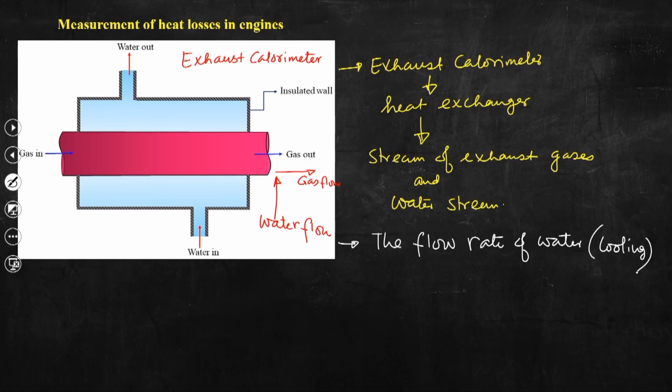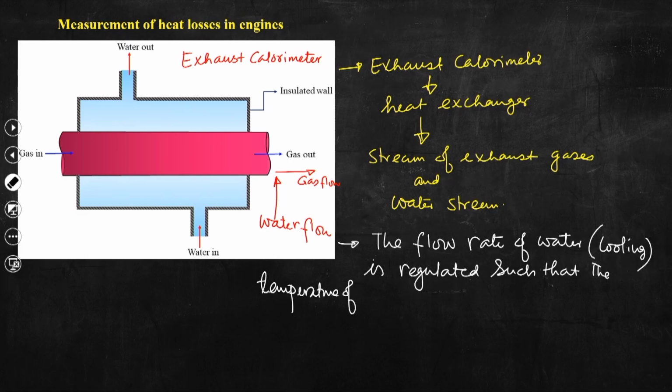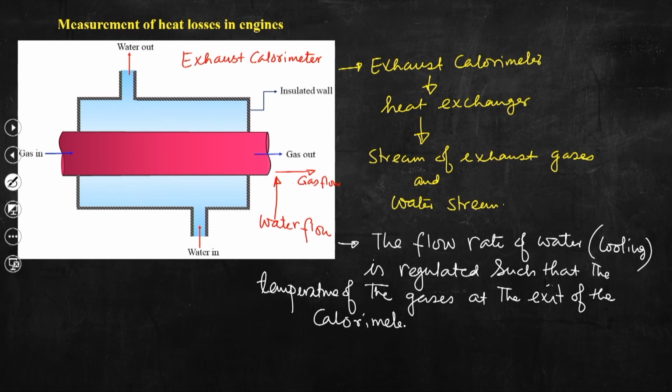So, the flow rate of cooling water is regulated such that the temperature of the gases at the exit of the calorimeter does not fall below 60 degrees Celsius. So, this is very important.